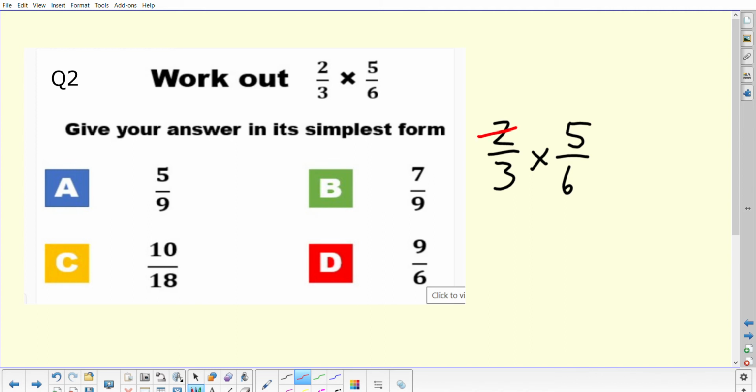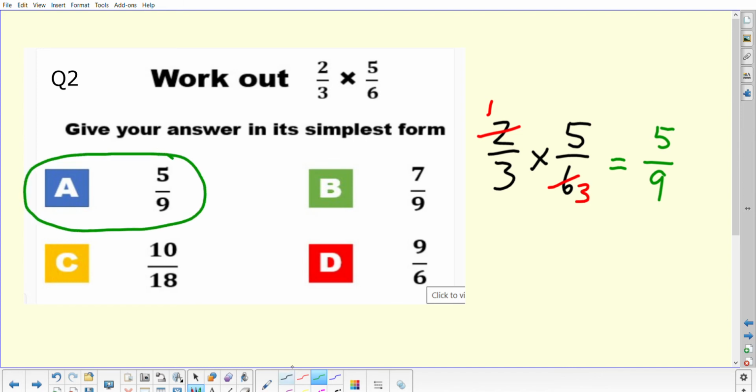So if we say 2 into 2 goes 1, 2 into 6 goes 3. There is no other cancelling between top numbers and bottom numbers. Remember, cancelling can only take place in that direction. So 1 times 5 would be 5, and 3 times 3 on the bottom would be 9. So that would give us answer A.